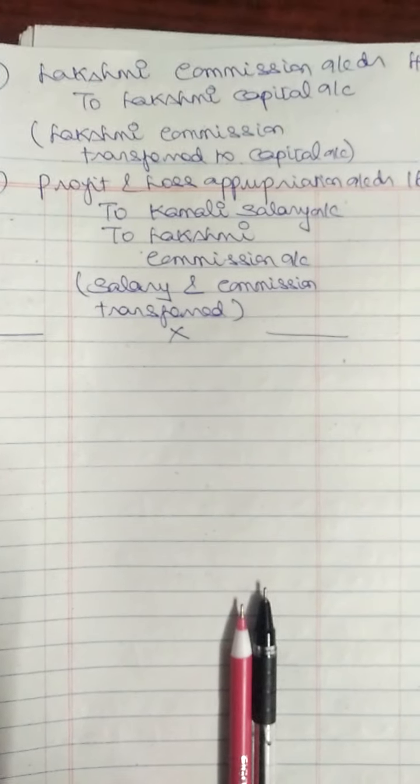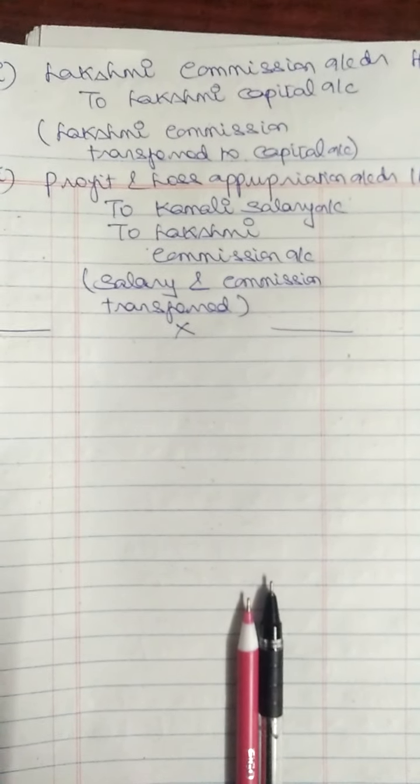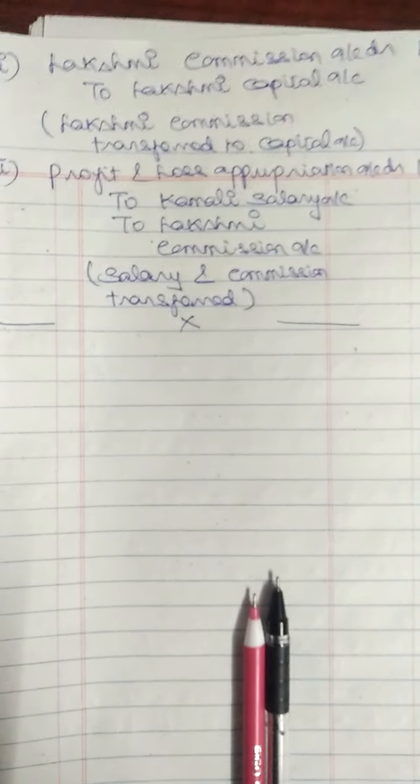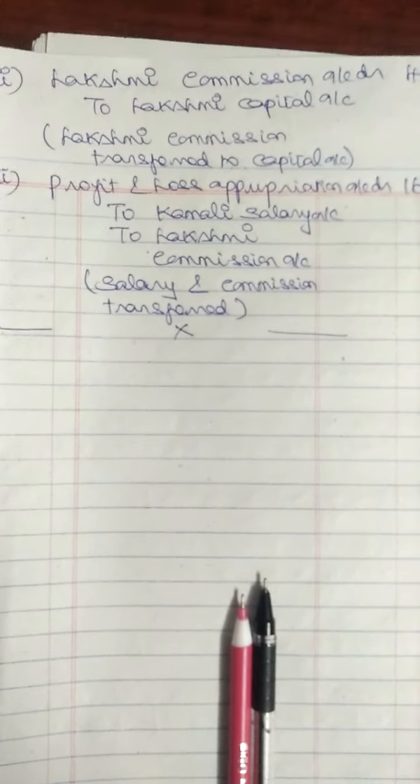This account can be used only in a partnership firm. Companies and others use it in final accounts. So P&L appropriation account debit to Kamali salary account and to Lakshmi commission account. Salary and commission transferred: 1,20,000 plus 40,000 comes to 1,60,000 and will appear on the debit side.